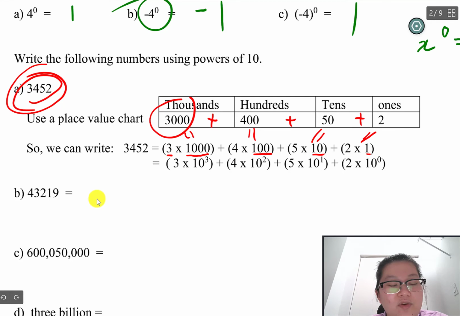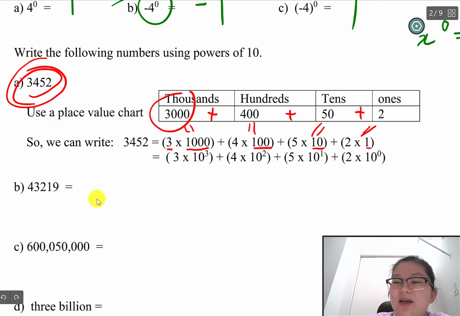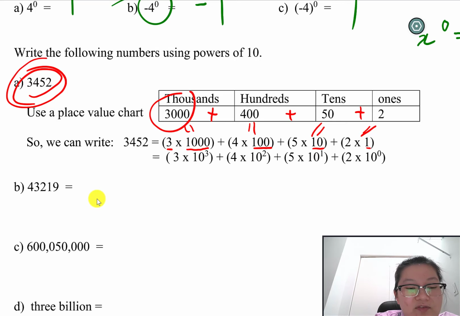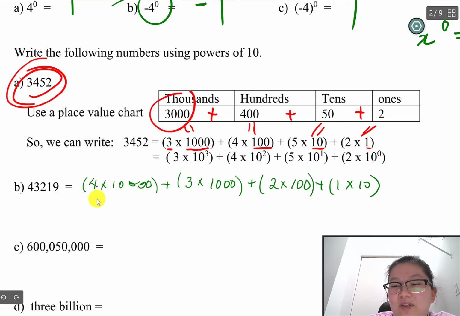And that's essentially what you want to do for each of these examples. For number 3, I'm going to do the first one and give you a chance to try the subsequent ones down below. So 43,219 can be broken up into 4 times 10,000, plus 3 times 1,000 plus 2 times 100 plus 1 times 10 plus 9 times 1, basically.